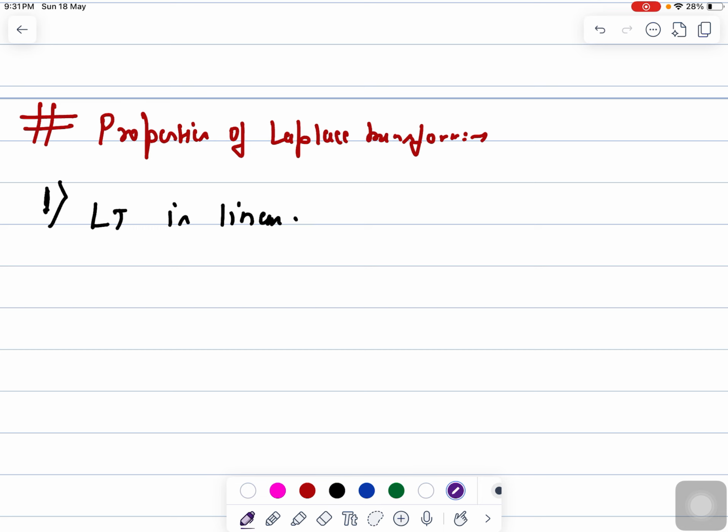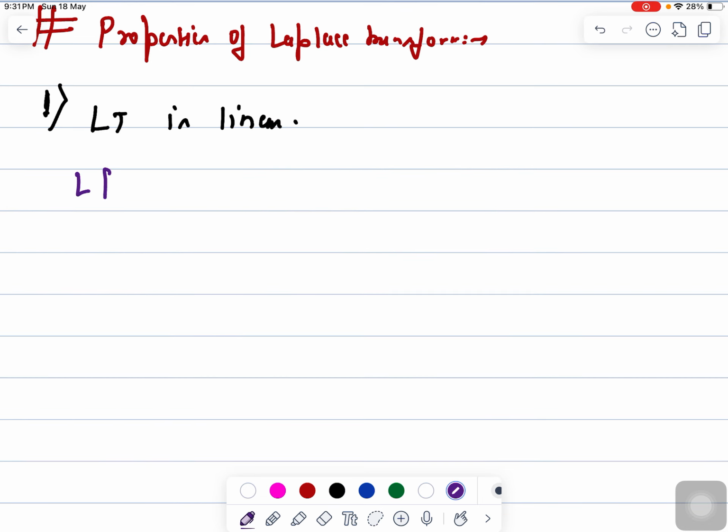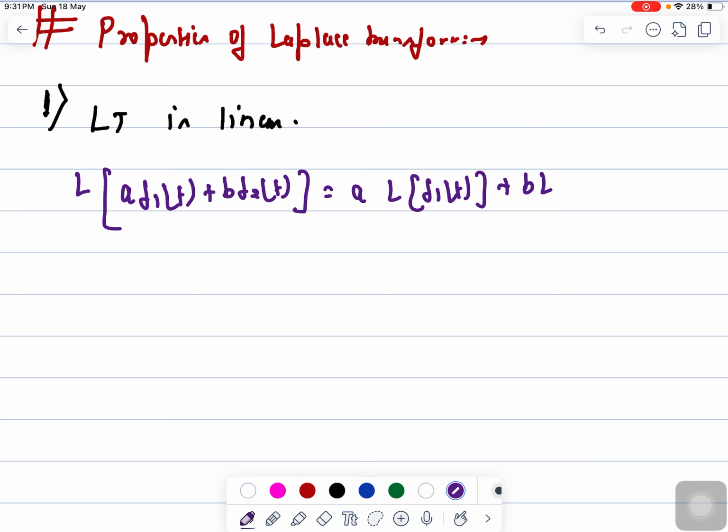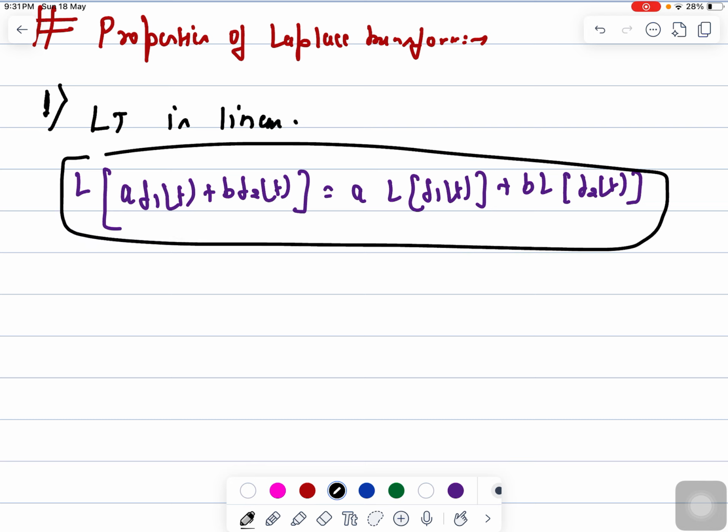What do you mean by this linear thing? Just try to understand. If I am taking the Laplace transform of a function a into f1(t) plus b into f2(t), that can be written as a times the Laplace transform of f1(t) plus b times the Laplace transform of f2(t). Is that clear?